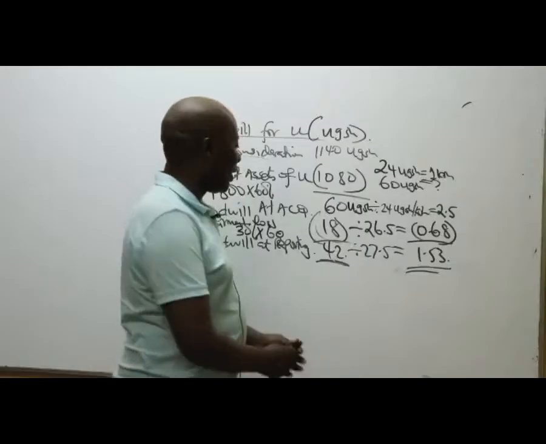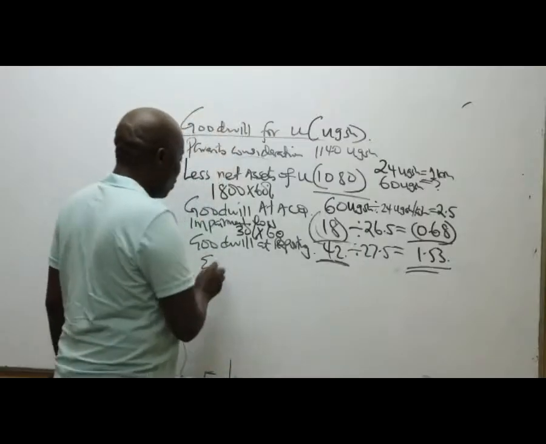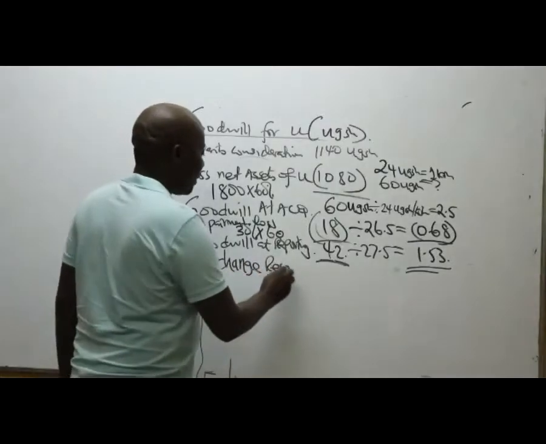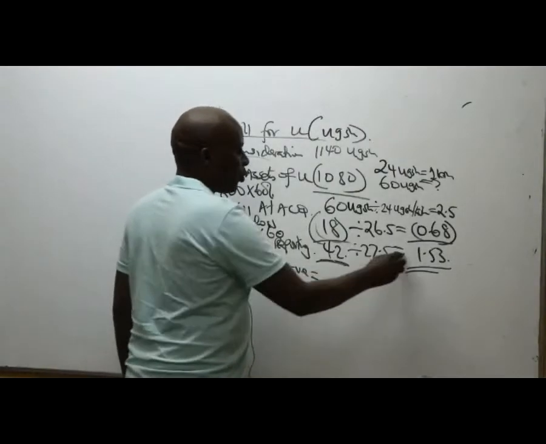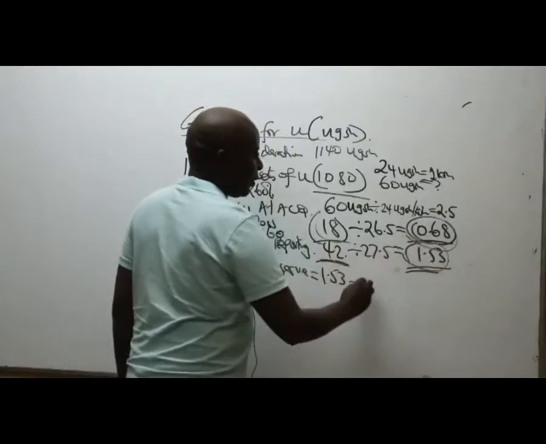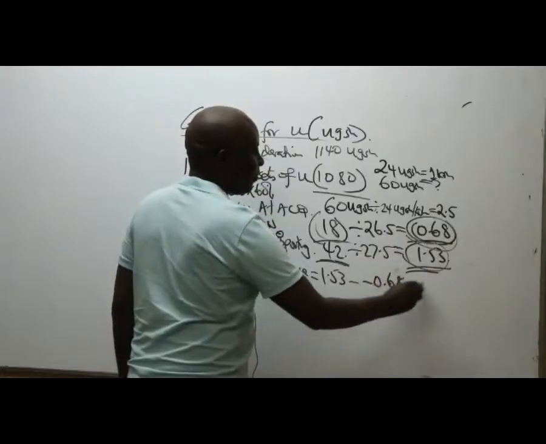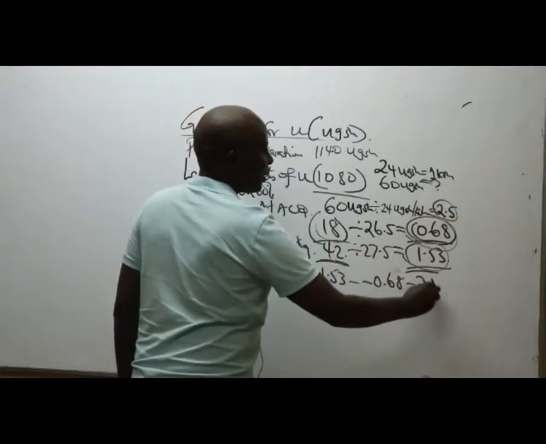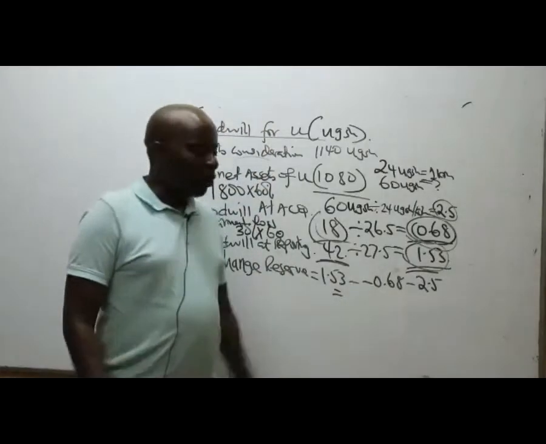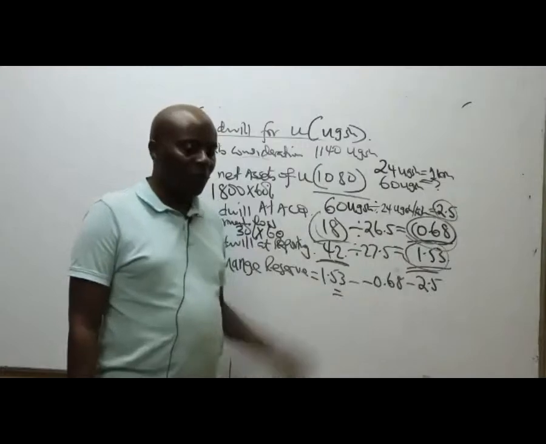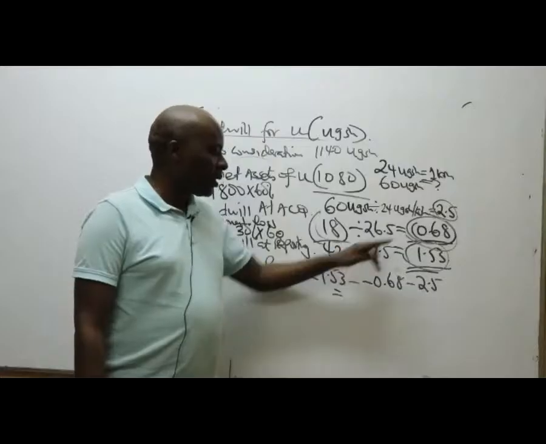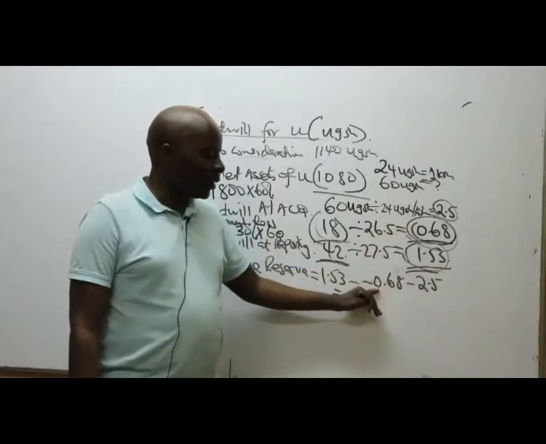And negative 0. Okay. So in this case here, the exchange reserve will be equal to this figure minus the figure that we have here, which is a negative itself. So you cram some of these things. So 1.53 minus this one is negative itself, right?